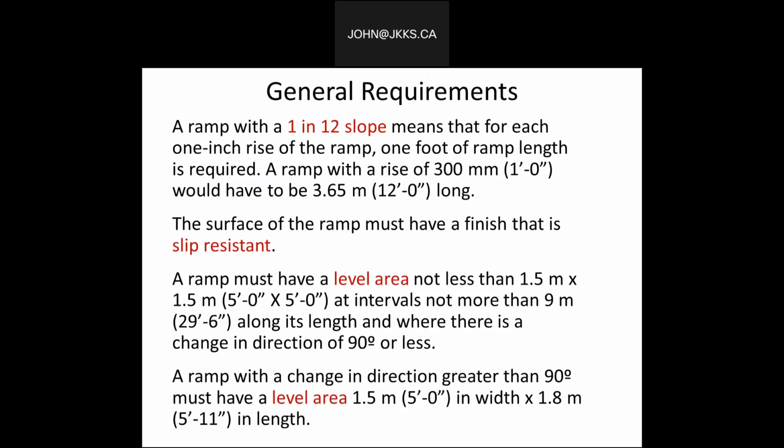What happens if it's 2 feet? Now we've doubled that to 24 feet in length. And that's for the 1 in 12 slope for the ramp. If it's getting to be 24 feet, that's quite a distance, and we will need a landing in a situation like that.